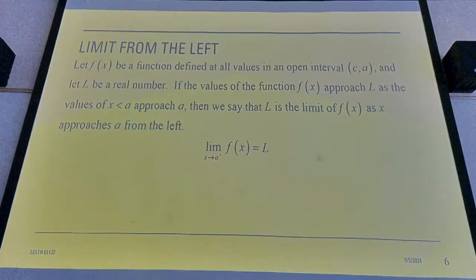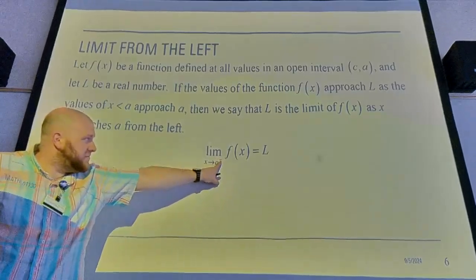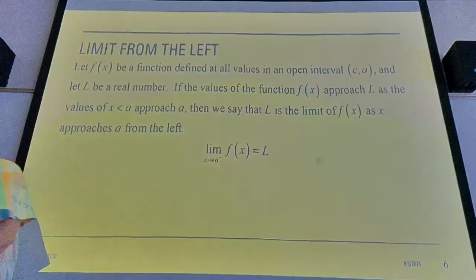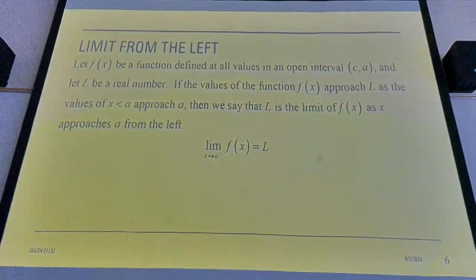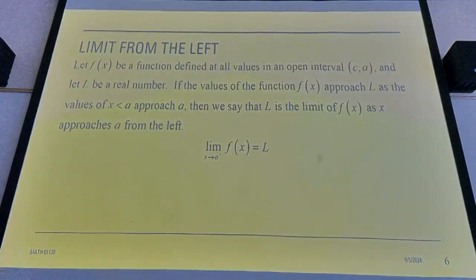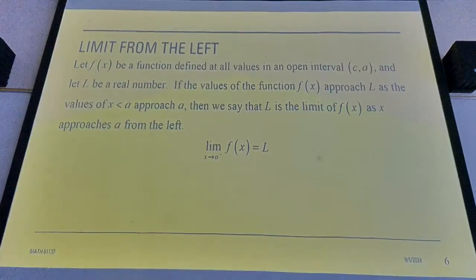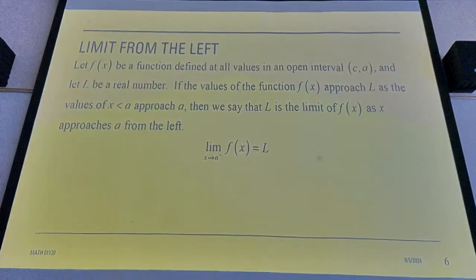And that is how we would write a left-handed limit. Notice the subtle change. That would be read: limit of f of x as x approaches a from the left is L.